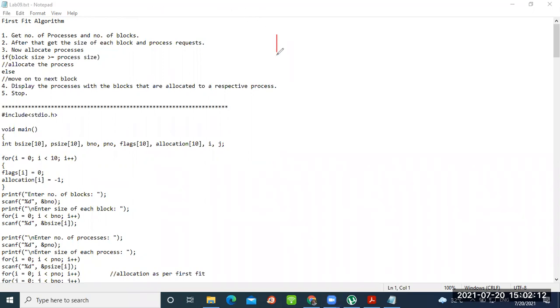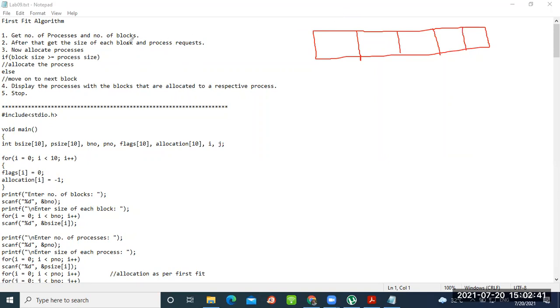Now, suppose this is my memory block we are having. I will divide the entire memory into different blocks of memory.